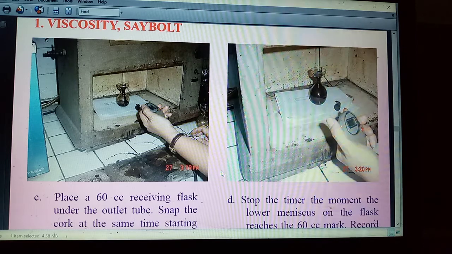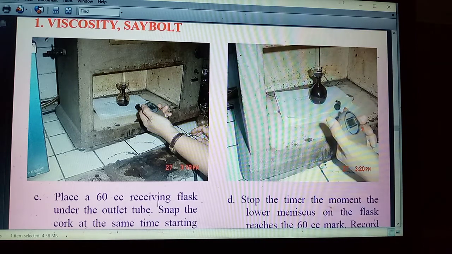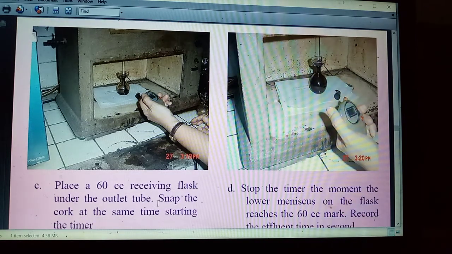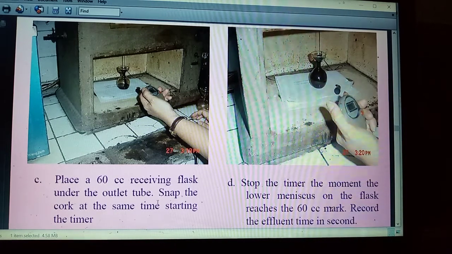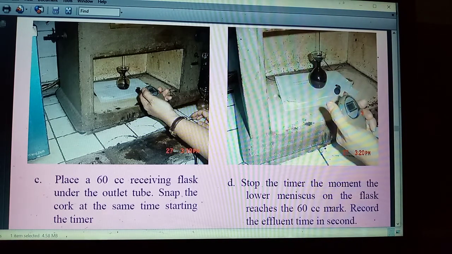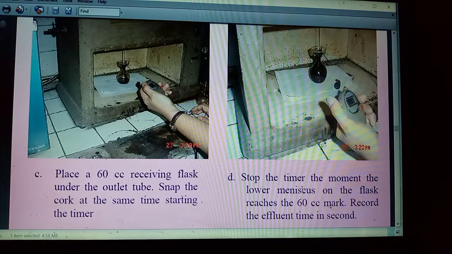Place a 60 cc receiving flask under the outlet tube. Snap the cork at the same time starting the timer. So, may timer ka pa rin. Stop the timer the moment the lower meniscus of the flask reaches the 60 cc mark.